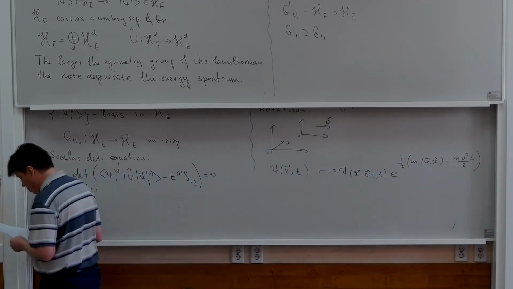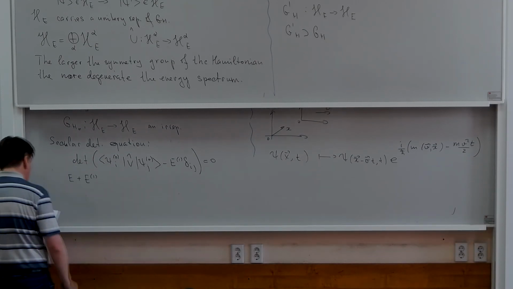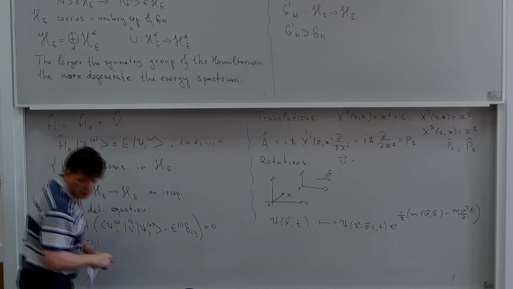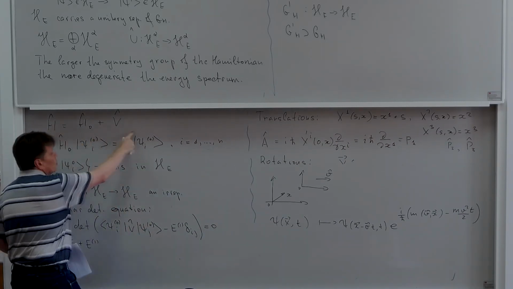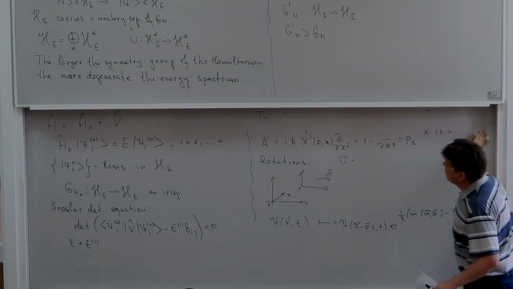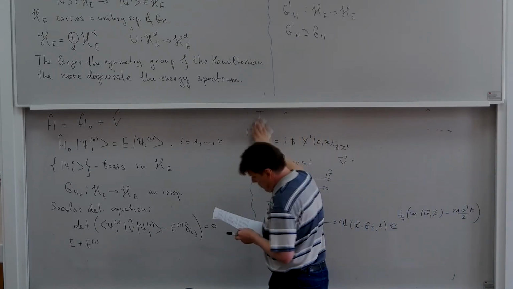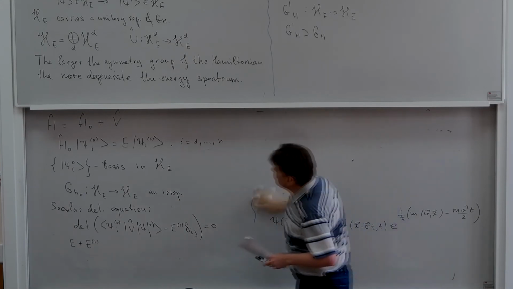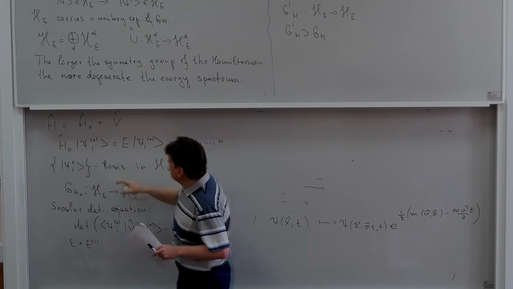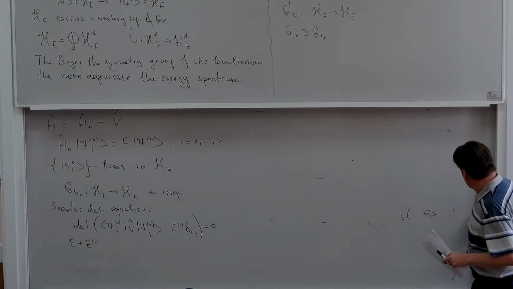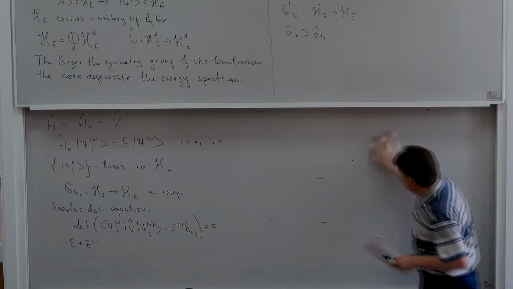Let us now suppose that the symmetry of the perturbed Hamiltonian, that is the full Hamiltonian H, is smaller or lower than the symmetry of the unperturbed Hamiltonian H naught.